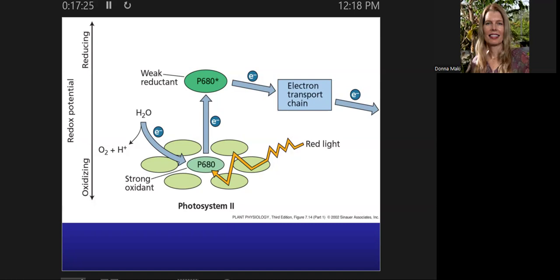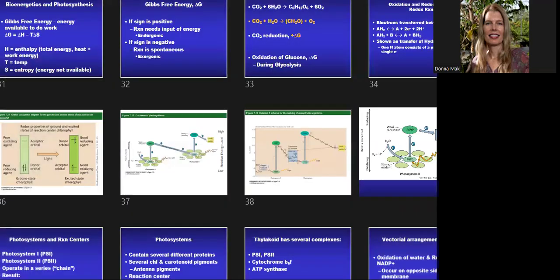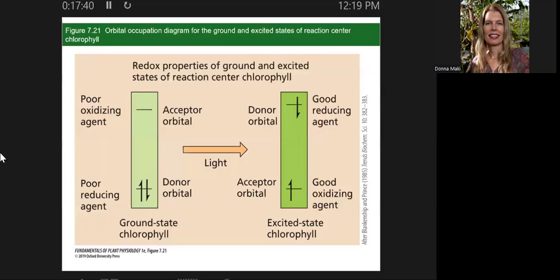You'll get electrons getting stripped off of water, given to the chlorophyll in the reaction center. Because if you think about it, when we go back to this image, once light energy comes into the reaction center and that chlorophyll molecule's electron gets excited and off into the triplet state, if that gets donated off, now it's missing an electron.